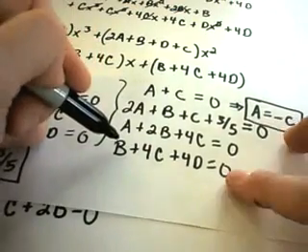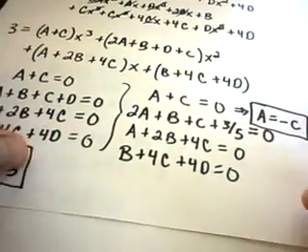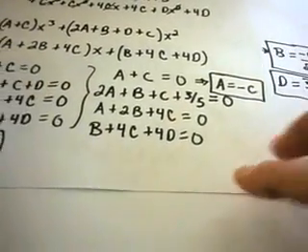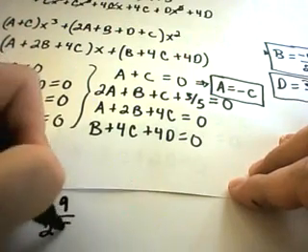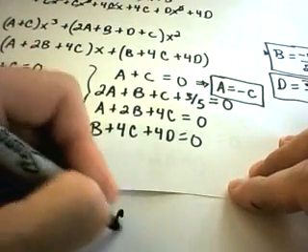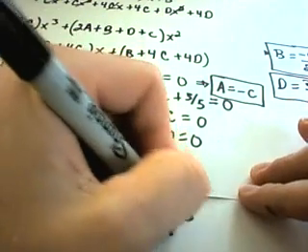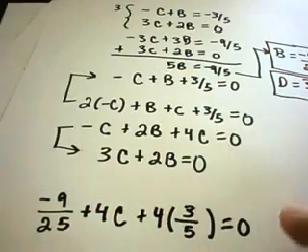So notice now in my bottom equation I had b plus 4c plus 4d, but I now know what my b value is. I now know what my d value is as well. So b is negative 9 over 25 plus 4 times c plus 4 times d, which was 3 over 5. That equals 0.